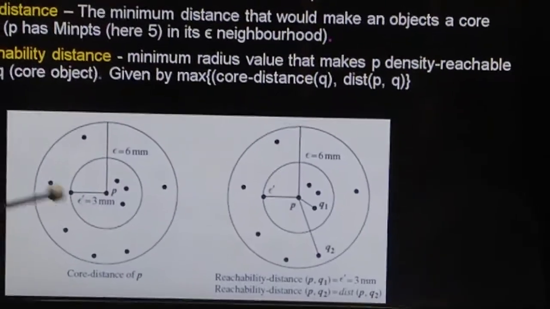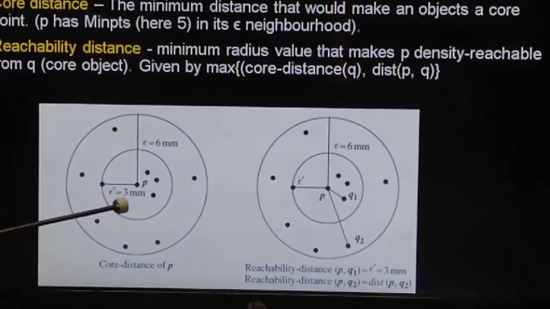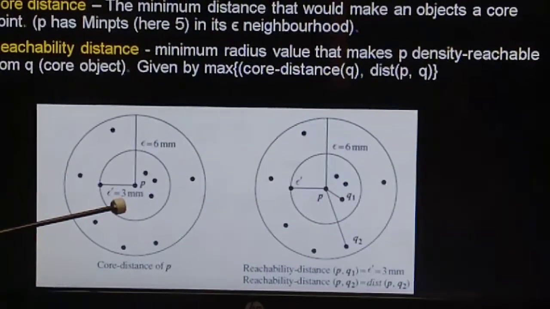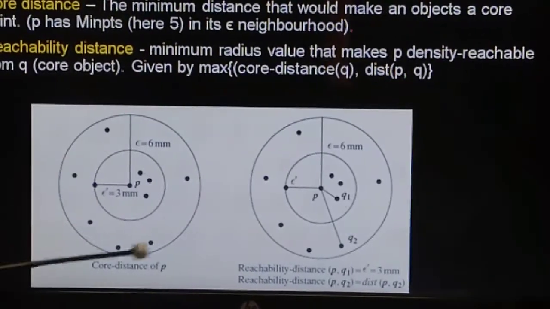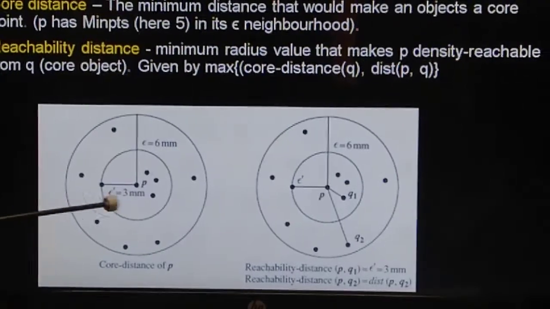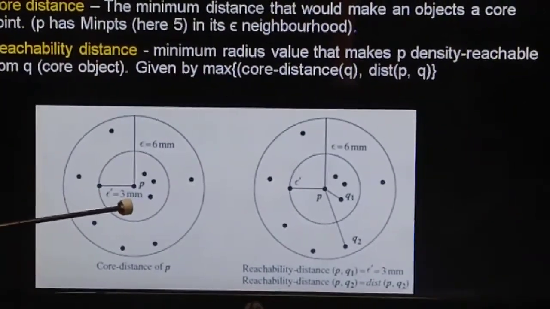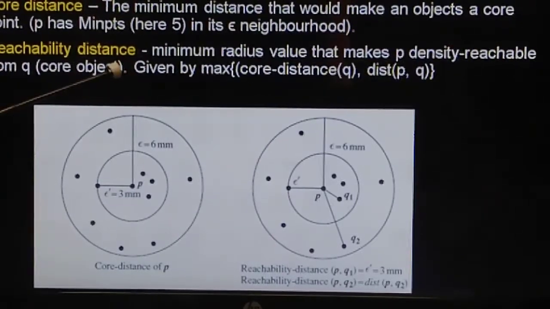This is our core distance for P. So the core distance of P is 3 millimeter, because 5 was given as the min points. That is why this is the core distance, because if I want minimum 5 points, then it has to be 3 millimeter.